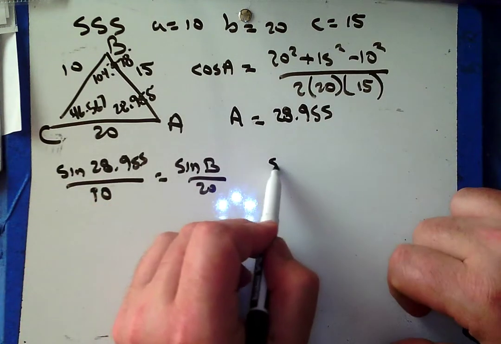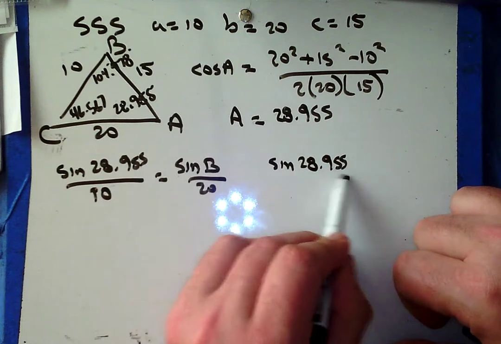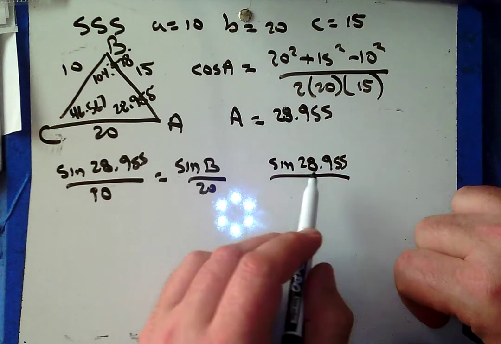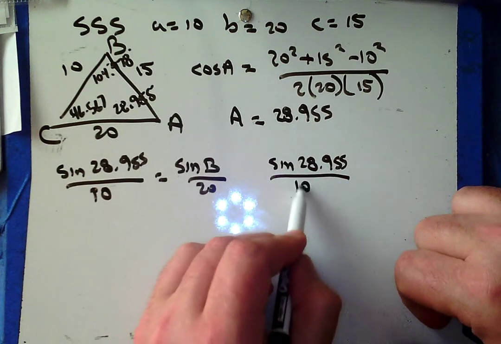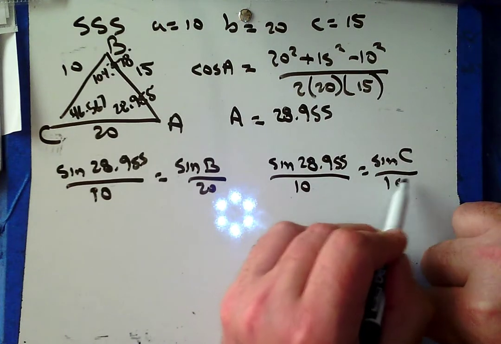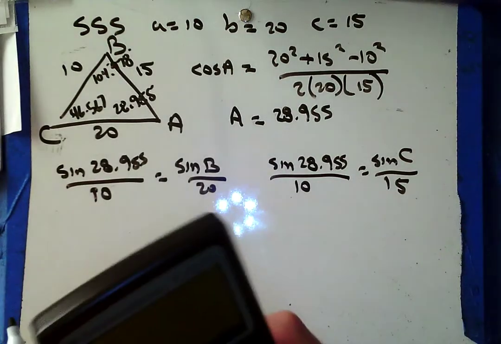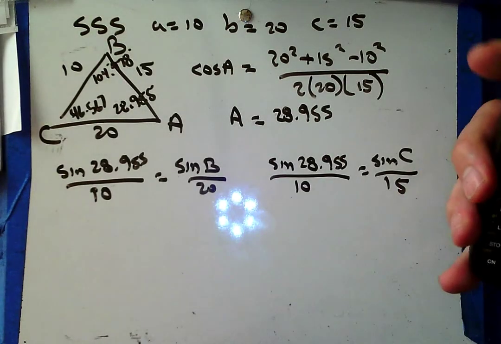And we could do the sine of 28.955 over 10 equals the sine of C over 15. Well, let's solve these and see what happens when we do.